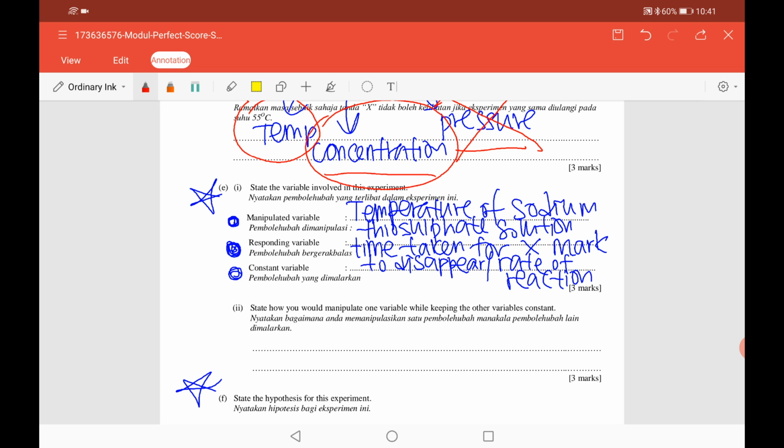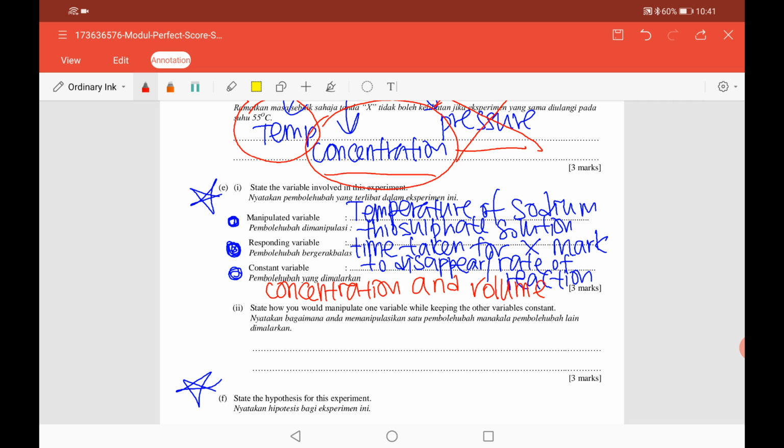Normally when we have a solution, we always fix concentration together with the volume. I repeat, whenever we have a solution, normally we fix the concentration and the volume. So what concentration and volume do we need to fix over here?